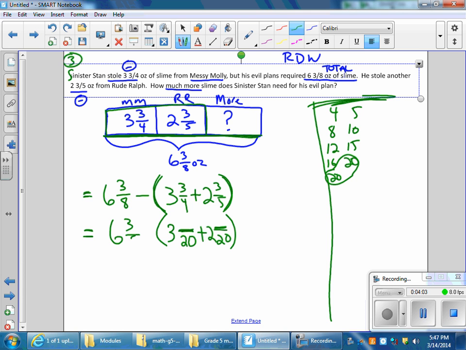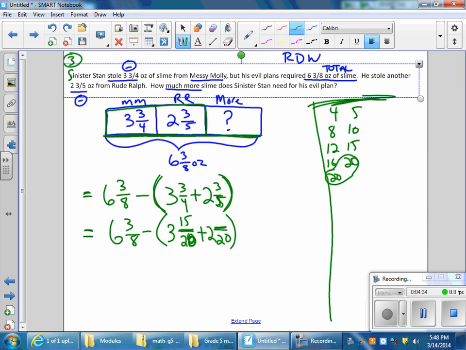6 3/8 minus the sum of 3 and something over 20 and 2 and something over 20. Now I can see that I'm going to multiply my denominator 4 by 5 to get 20. So I'm going to multiply my top by 5 to get 15. I'm going to multiply my denominator of 5 here by 4 to get 20.